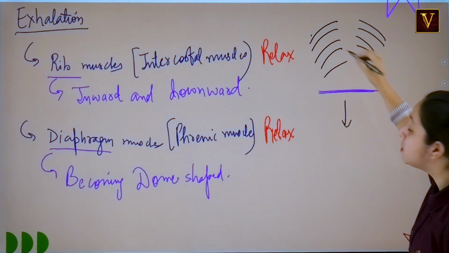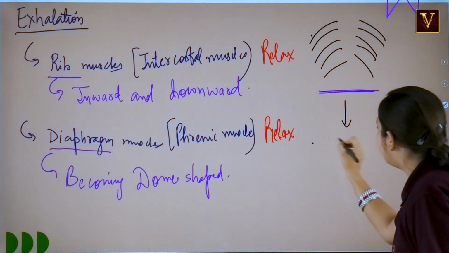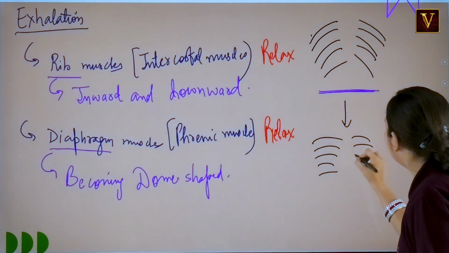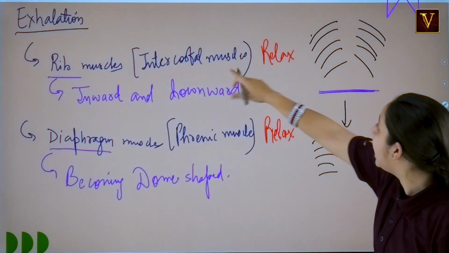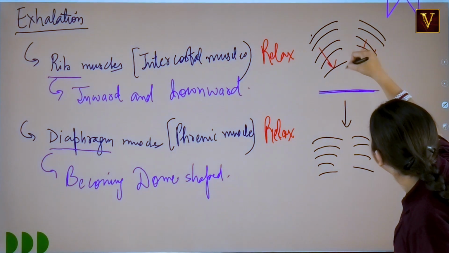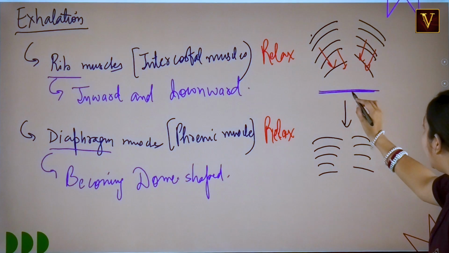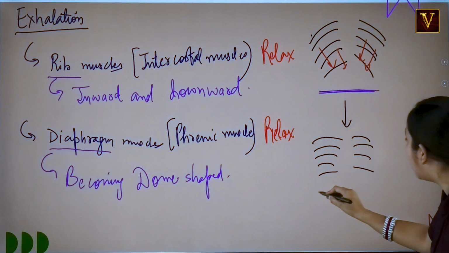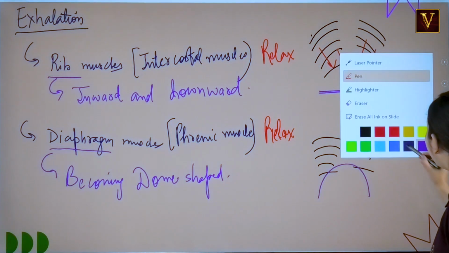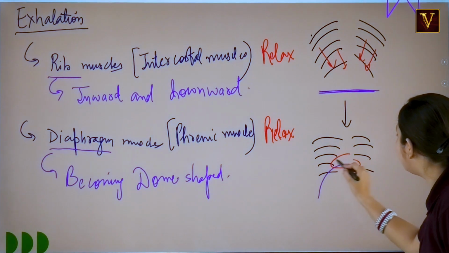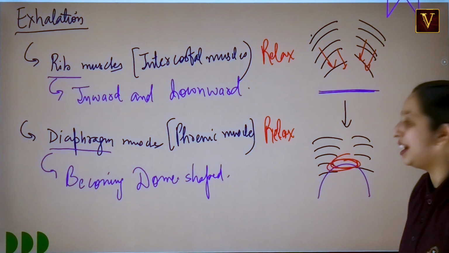Relaxation of both these muscles is taking place. So ribs are coming back to their normal position. They were upward and outward, so after relaxation they will be moving inward and downward. And the diaphragm will become dome shaped again. With this, the space inside the chest cavity is very less now.